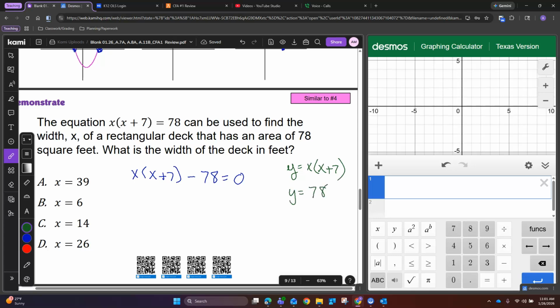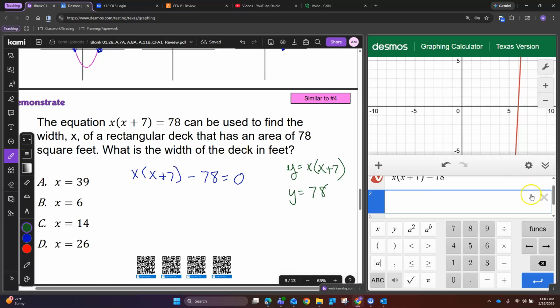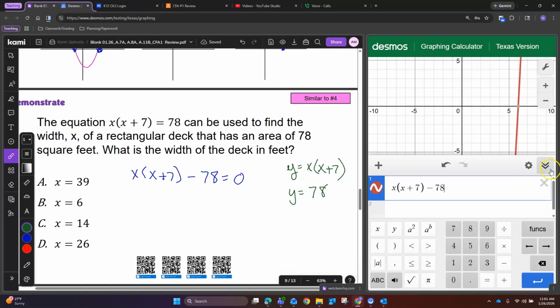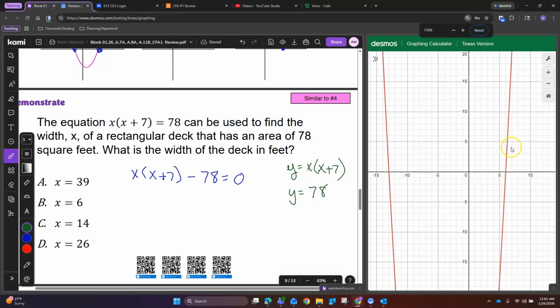Okay, so let's do strategy A first. The first strategy, easy enough. X times x plus 7 minus 78. Okay, and I am going to zoom out a bit.